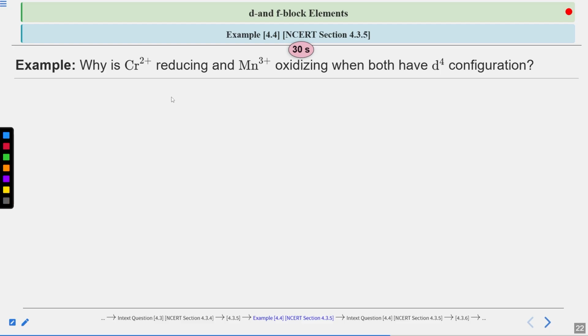You have been given some time, try to analyze this, and then we will see the answer. Okay, let's see.